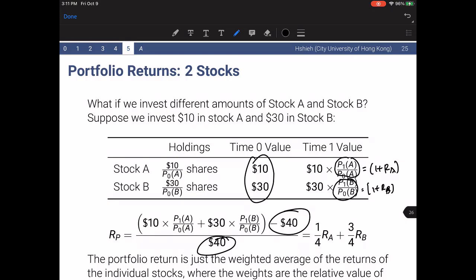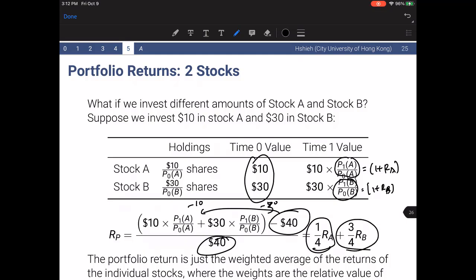That is distributing this minus 10 here and distributing this minus 30, sorry. It will look as if we are taking a weighted average of the raw return, right? 1/4 in stock A and 3/4 in stock B.